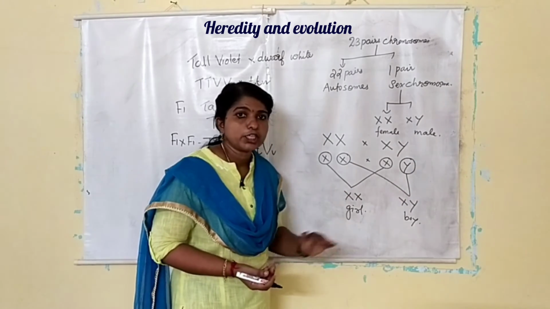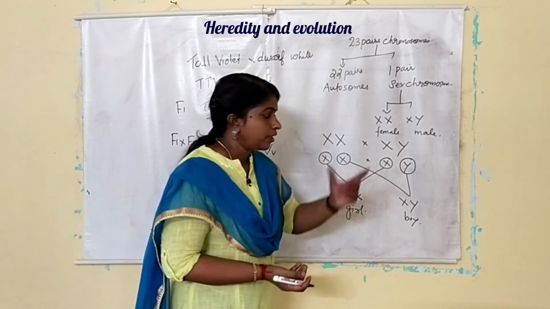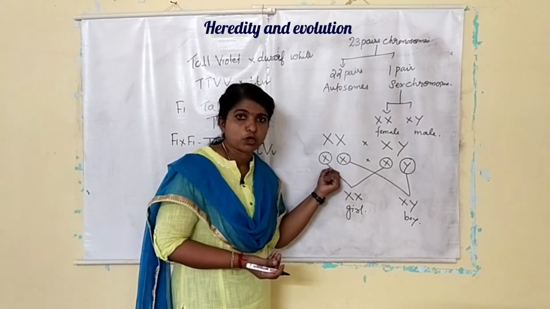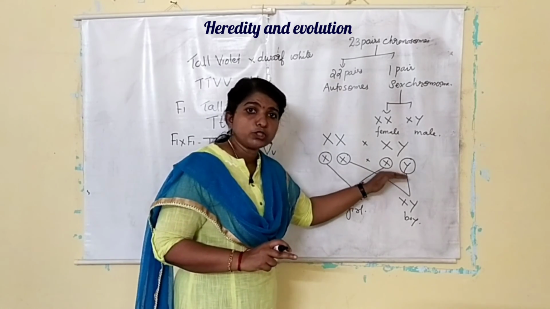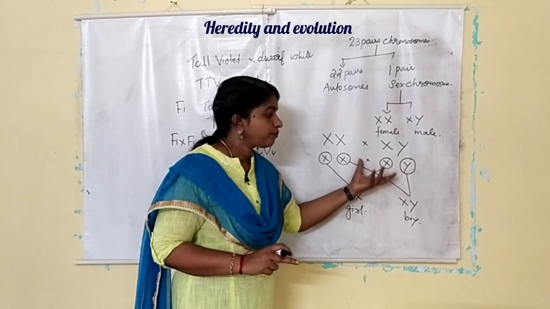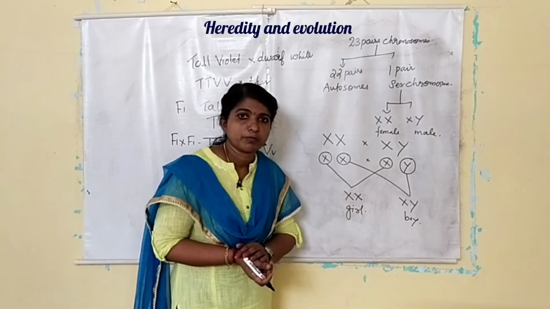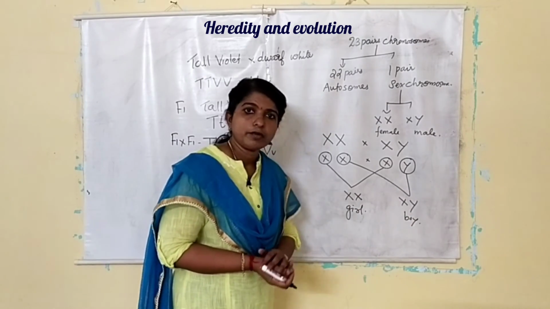That is the case of sex determination in human beings. The female always produces only one type of egg, with the X chromosome, but males produce two types of sperms. So unknowingly or indirectly, the male is responsible for the sex of the child, whether it is a girl or a boy.